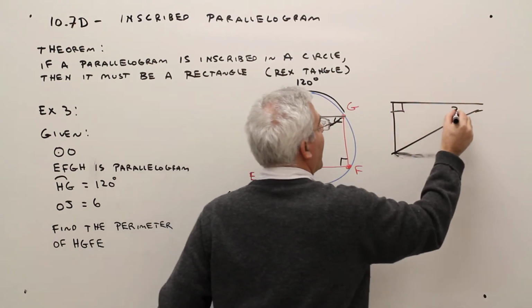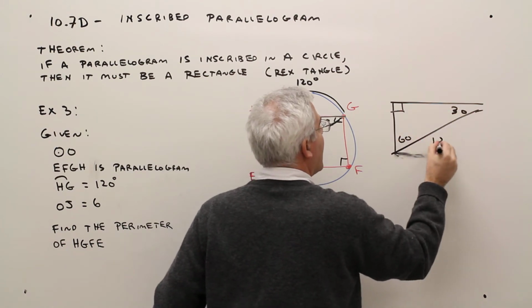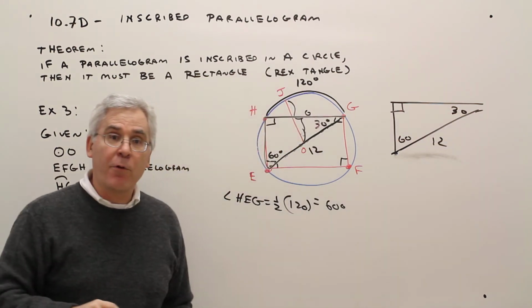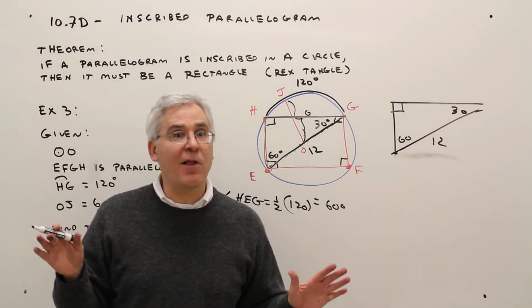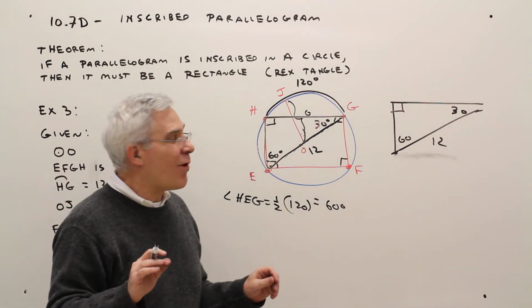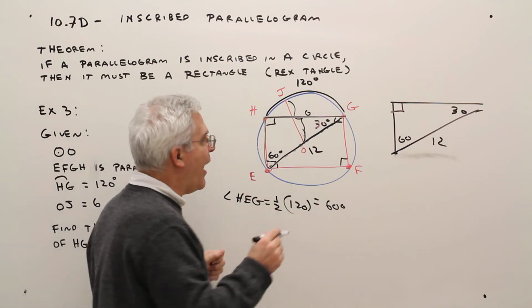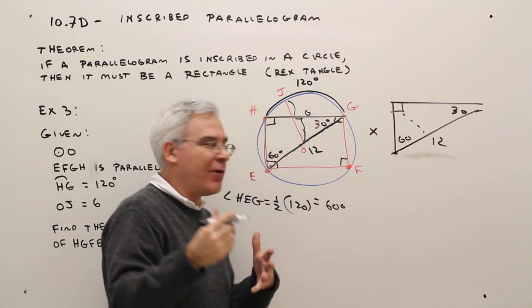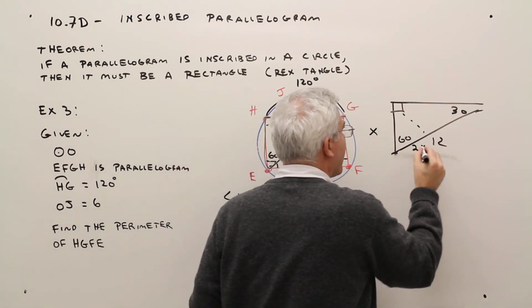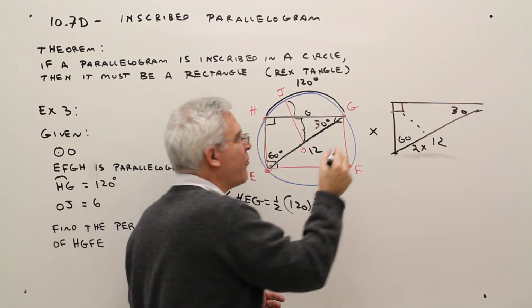We've got a 30, a 60, and a 12. You're going to be using these ratios and Pythagorean triples all year long, so you better get used to it. Opposite of the 30 we called x, the hypotenuse is always 2x, and the other side is x radical 3.